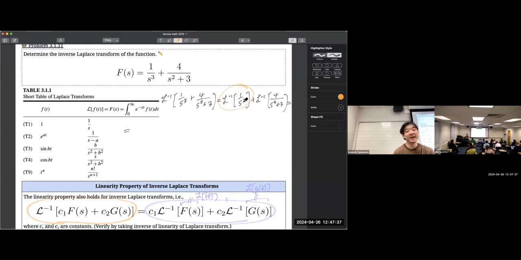The only one that has any hope of having an s cubed is the last one. But in particular, what is the n? n is 2. So when n is 2, we would get 2 factorial, which is just 2, over s cubed. But the one we want is 1 over s cubed.